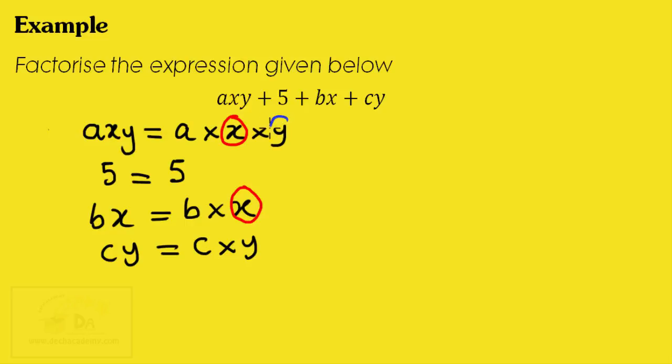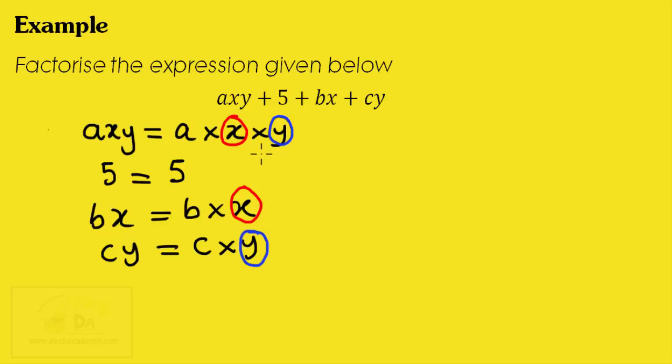Y appears here and here. 5 only appears here, b only appears here, and c only appears here. So what we can say is that axy and bx have the common factor x. axy and cy have the common factor y.